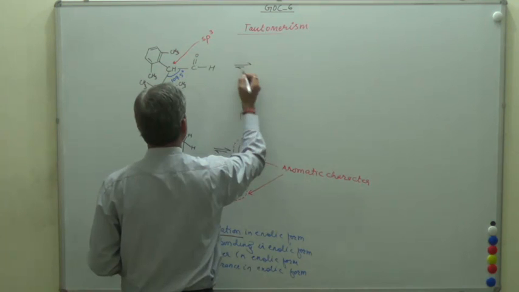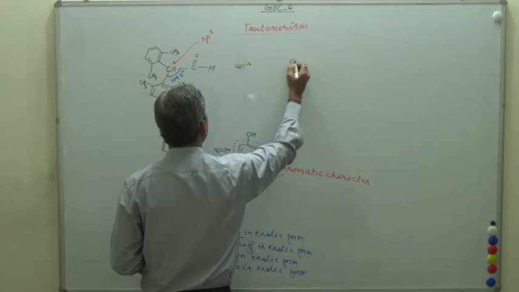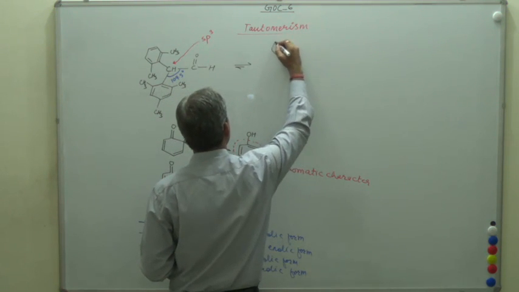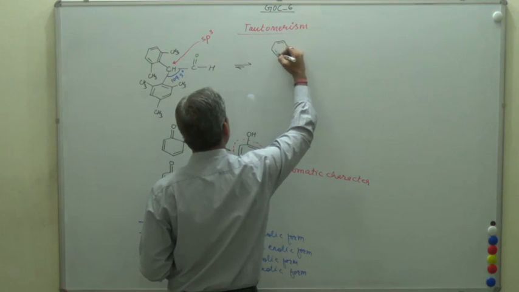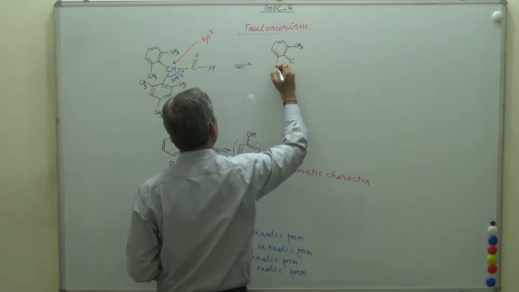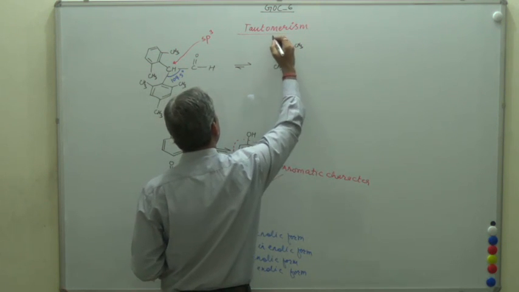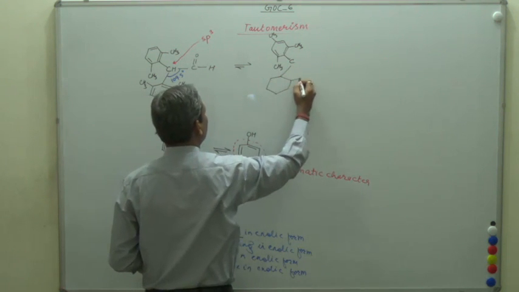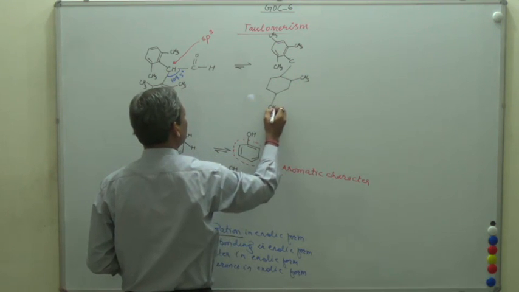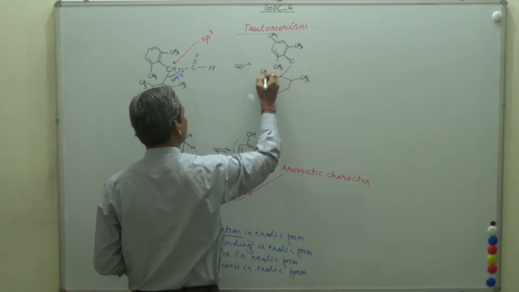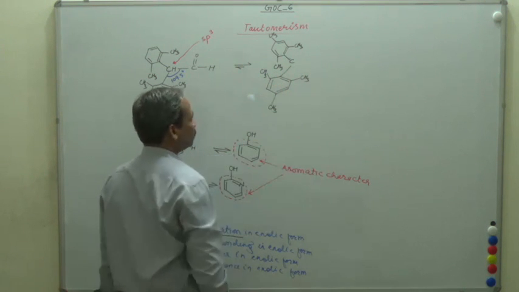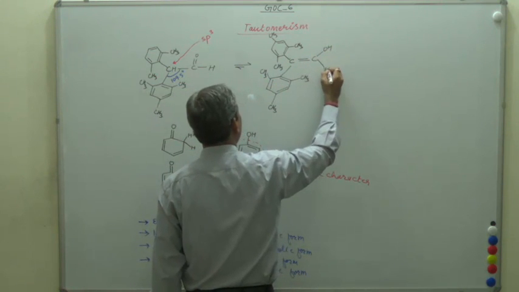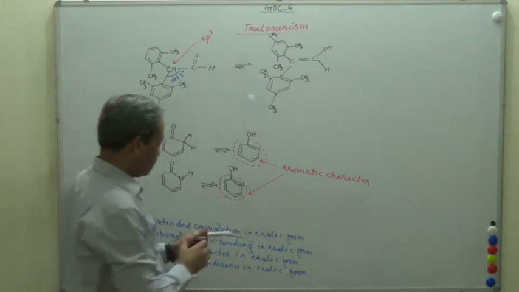It can also tautomerize, and due to tautomerization, the hybridization state of this carbon atom will change to sp2. So now angles will increase.